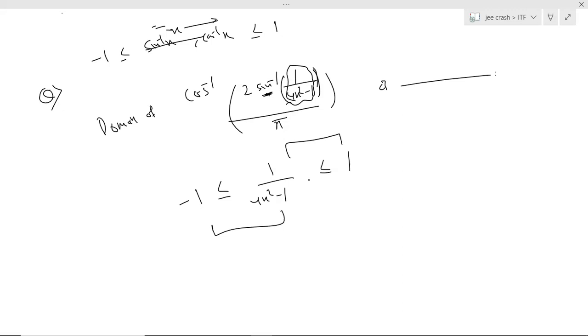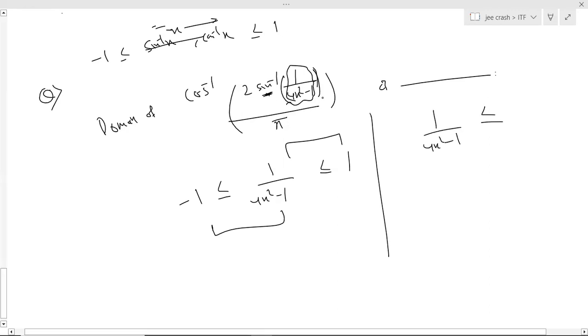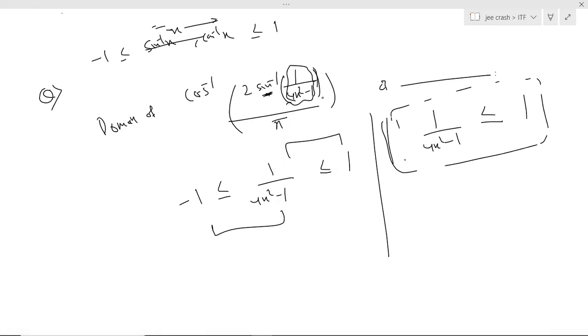We did few questions in the last class also of domain and range. Sir, did you mean we have to convert it to the question? No, like this. 1 upon 4x square minus 1 should be less than or equal to 1. Do you know how to solve this? Find the solutions? Yes, sir. Okay. So please solve this. And the second equation will be this one. And we'll take the common solution, right? Yes, sir. Okay.